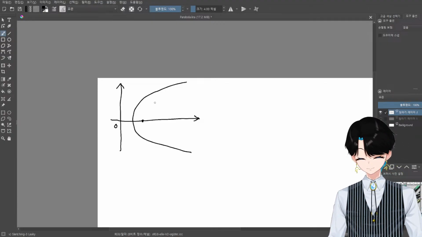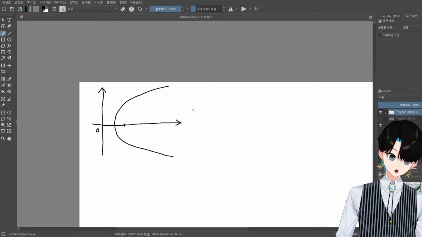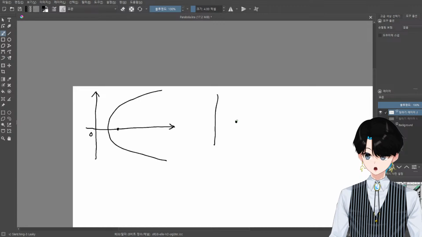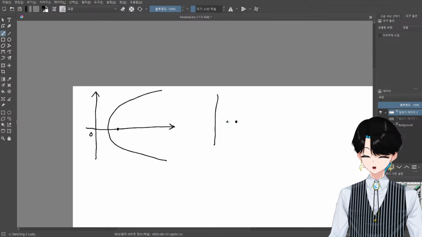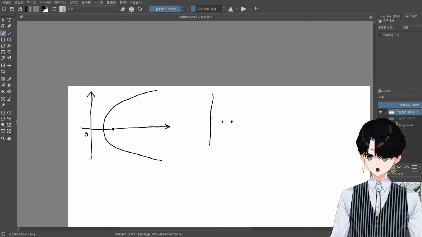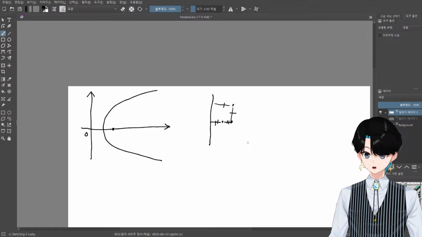So this is a parabola right here. When I first learned about the parabola, there was this line in here, and there was this focal point. The parabola is the locus of points with the condition where this value and this distance value are equal. Like in here, this one and this one are equal.